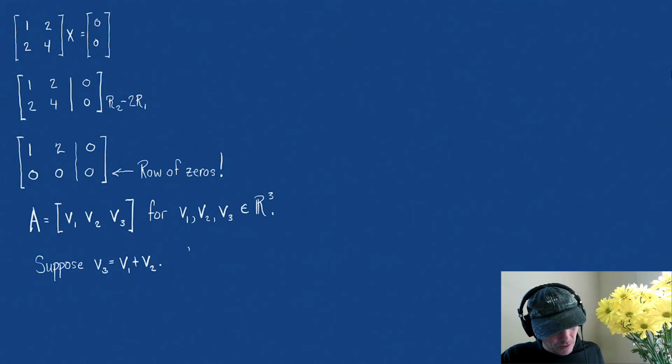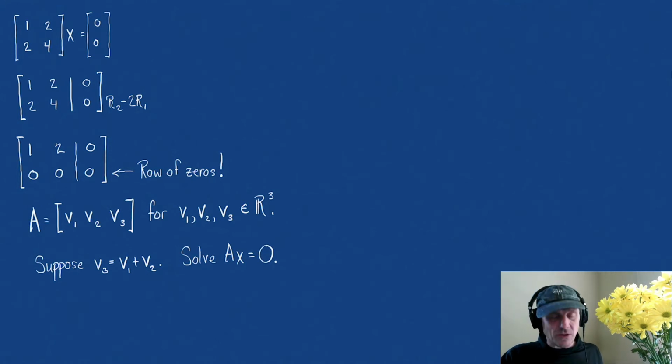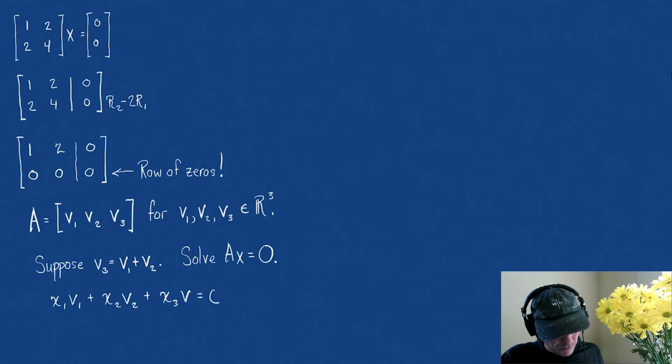All right, solve Ax equals 0. Well, it starts out the same way. We're going to write these as a linear combination. So x1 v1 plus x2 v2 plus x3 v3 has to give me 0.